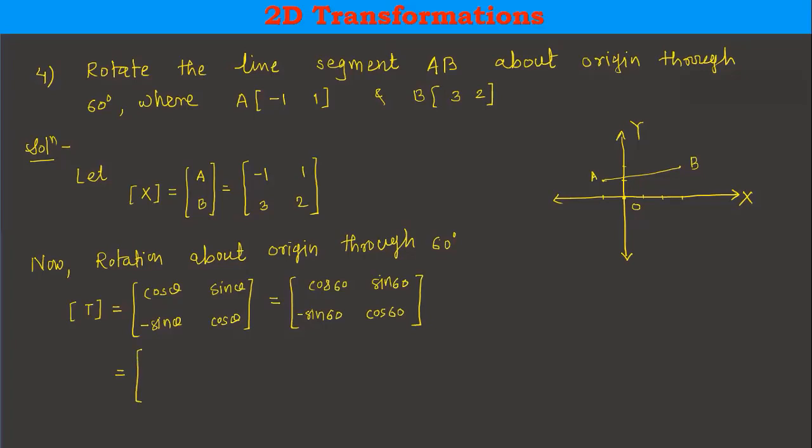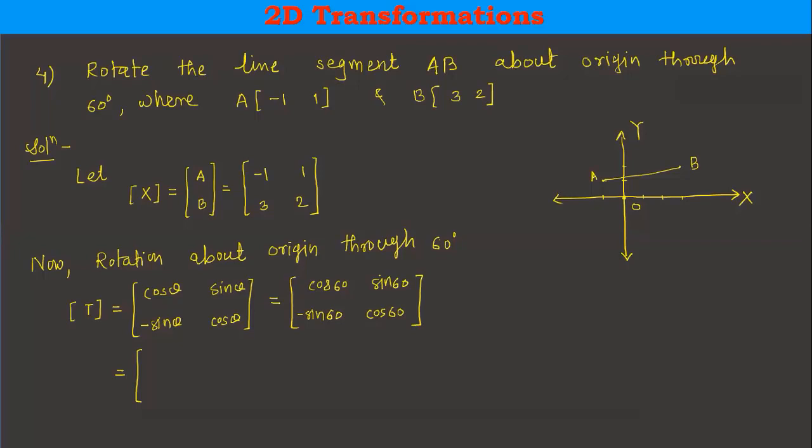If you calculate the value of cos 60 and sin 60 using the calculator, the angle is 60 degree, which is given in degree measure. So whenever the angle is given in degree measure, your calculator must be in degree mode. The angle can be measured in two different measures: one is degree measure, the second is radian measure.